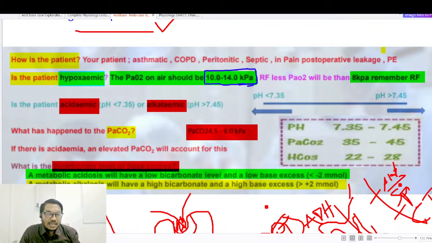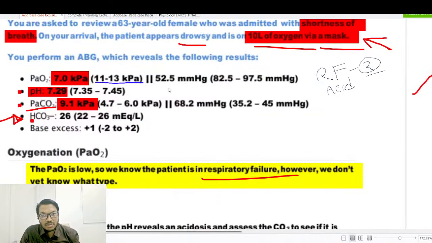Sometimes you can see 11, sometimes you can see 13. There will be a little variation, but it's okay. And we learned one message: if it is less than 8, it is respiratory failure. So from the beginning, just by seeing the 7 kilopascal, you can say directly this is a respiratory failure patient.